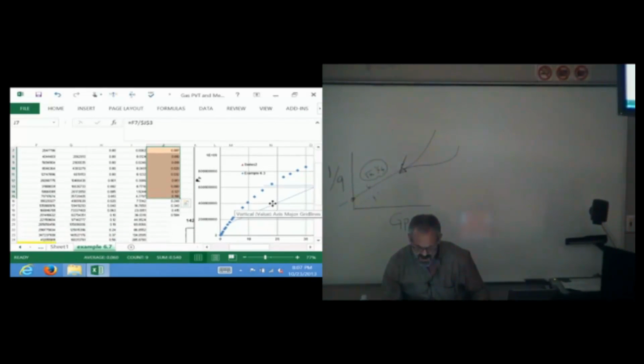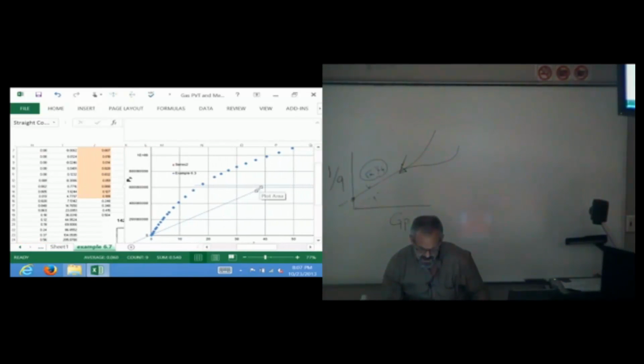My first 9 data points should be a straight line. Okay. And it doesn't look very convincing that they're a straight line.